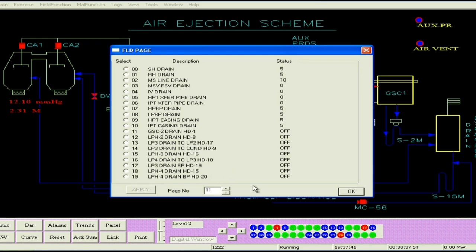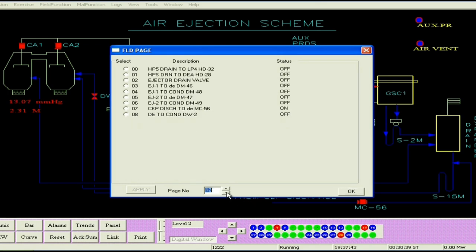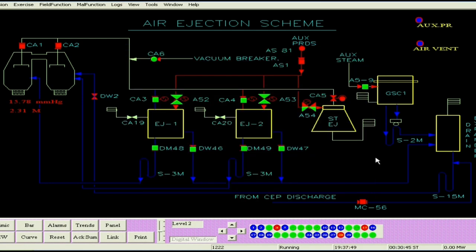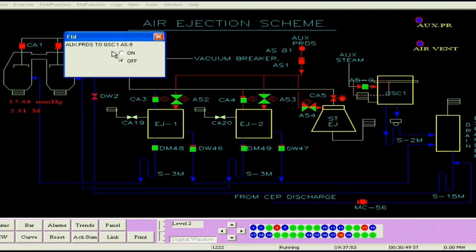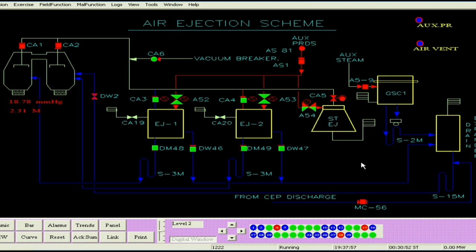Okay, then we open the ejector drain valves also. Now we open the steam supply to the GC1, gland steam cooler number 1 ejector. Now we observe that the vacuum is increasing.